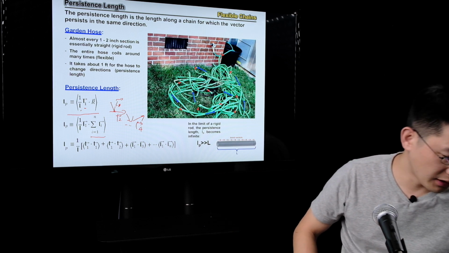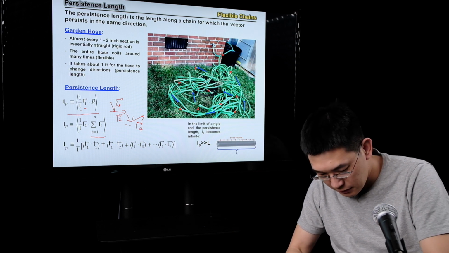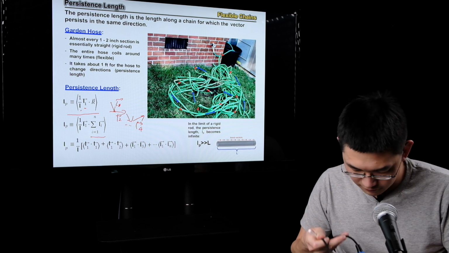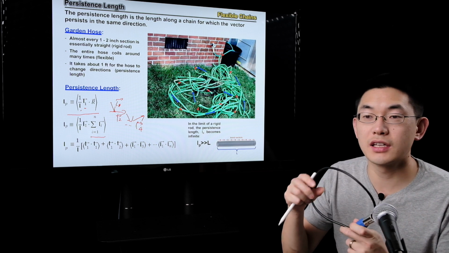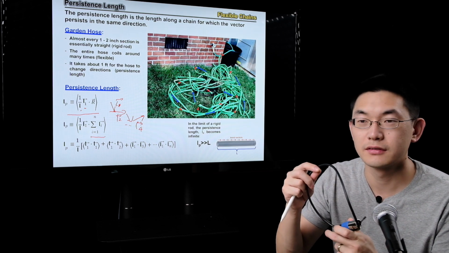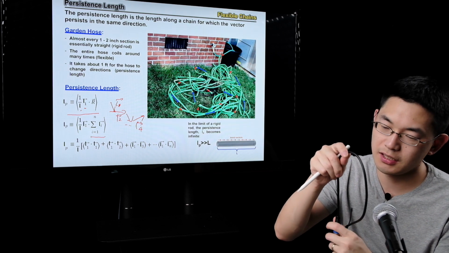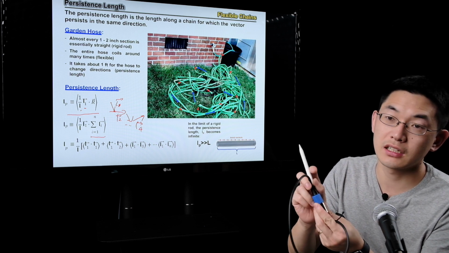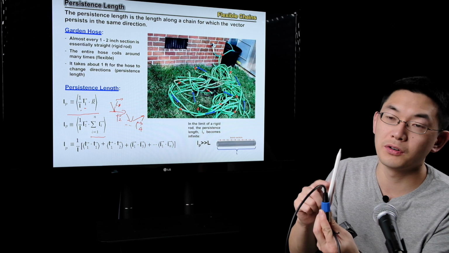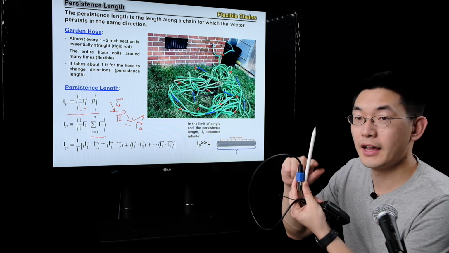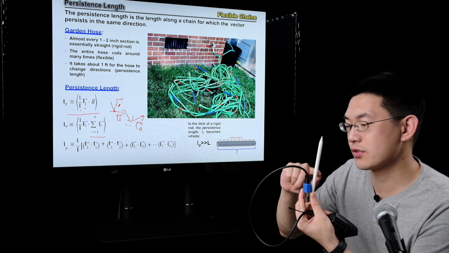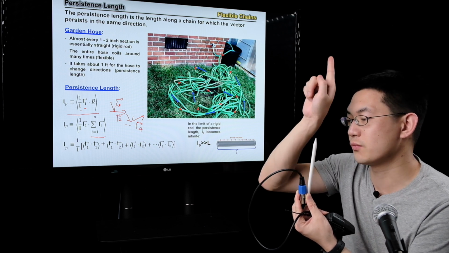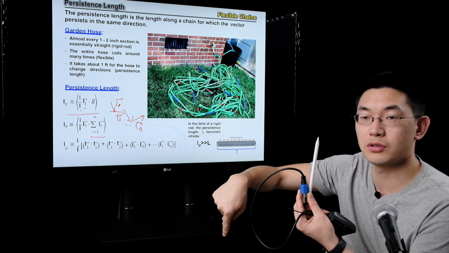So let me see if I can find a cable in my room and I'll explain. So here is one. If I use this as an example, what you would see is there is an initial direction where this connector is going, pointing up, right? And as this walks around the chain, the direction changes from up to the right and to the downward direction.